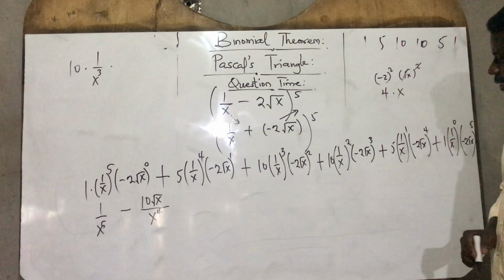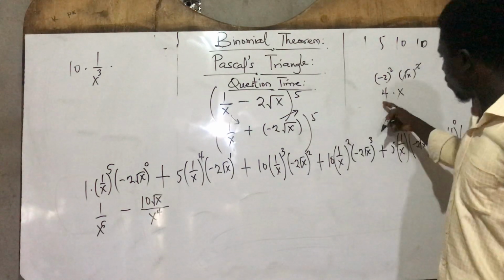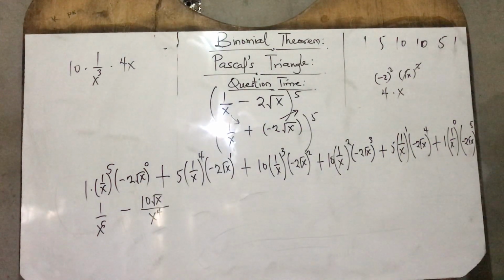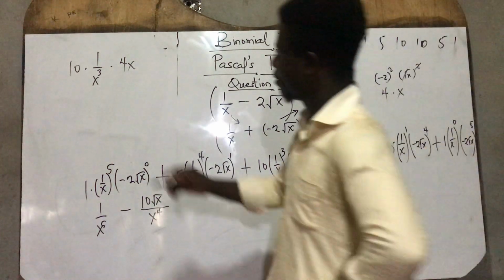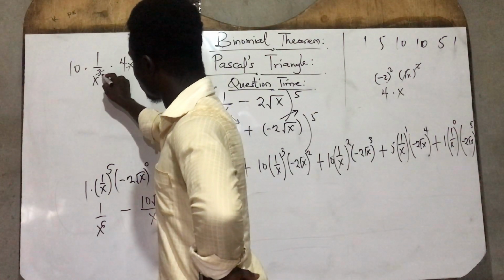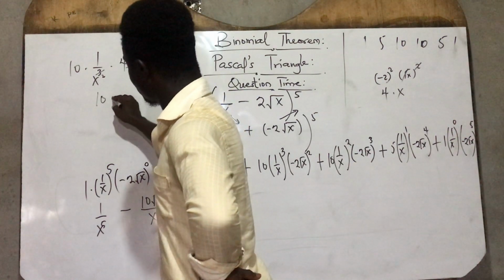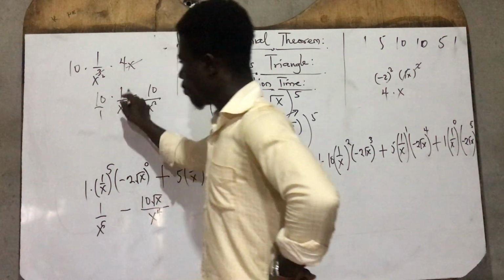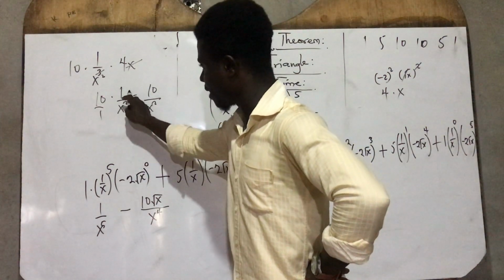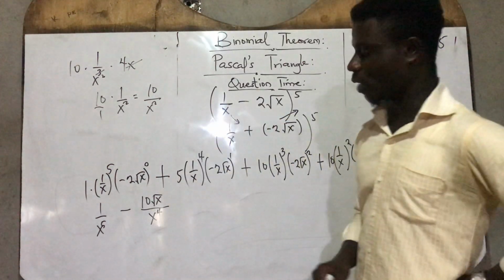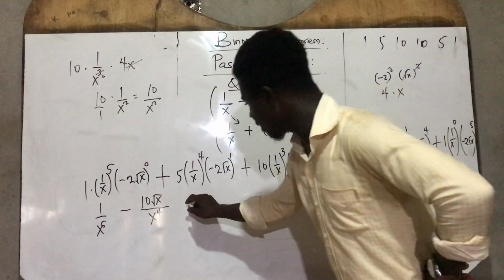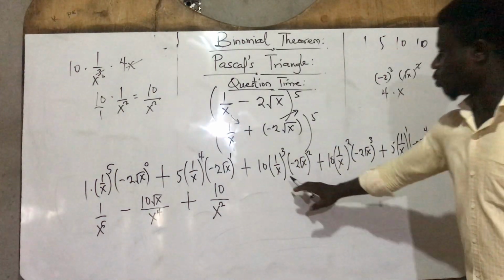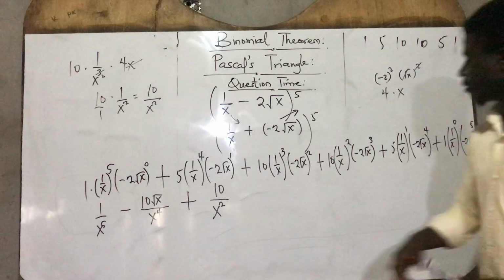So I have 4x. Do you understand that? Now x cancels 1 of that, so the power becomes 2. I get 10 times 1 on x squared, which is 10 on x squared, because we are doing multiplication of fractions. So I get plus 10 on x squared. I'm done with that, so I'm coming to this.